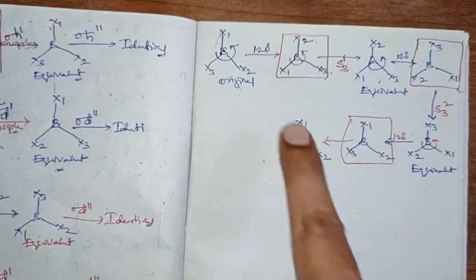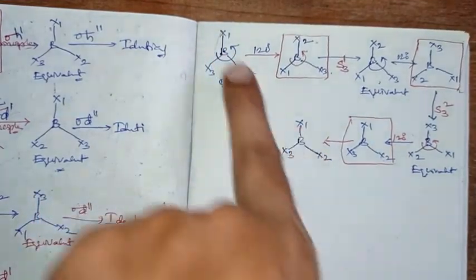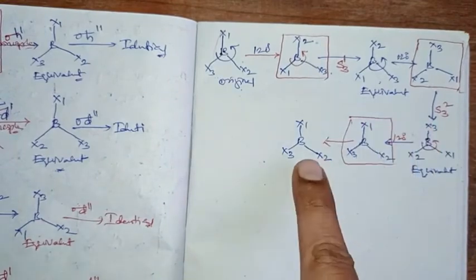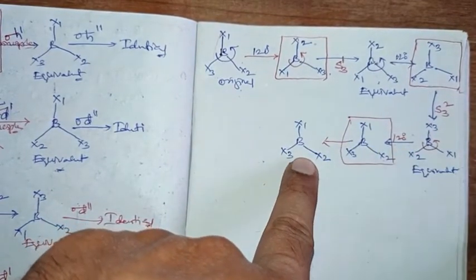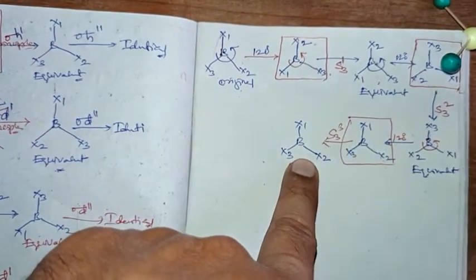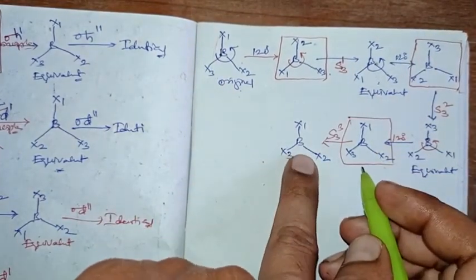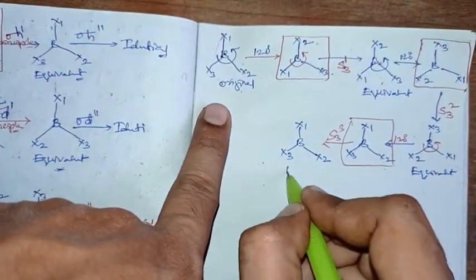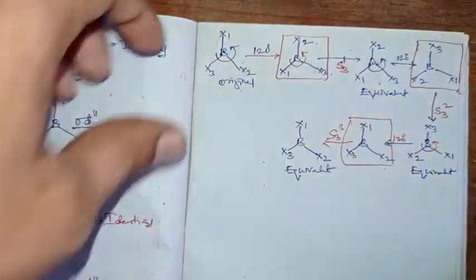So actually we consider the front face, but after the third time rotation of the improper axis, this is the back face. So it would be considered equivalent, not identical.